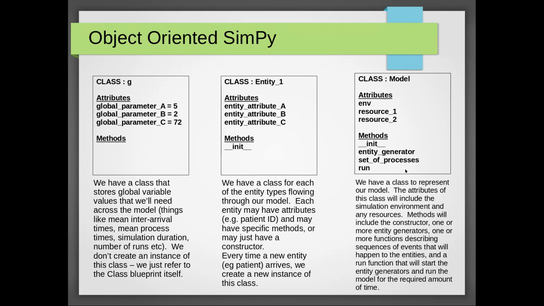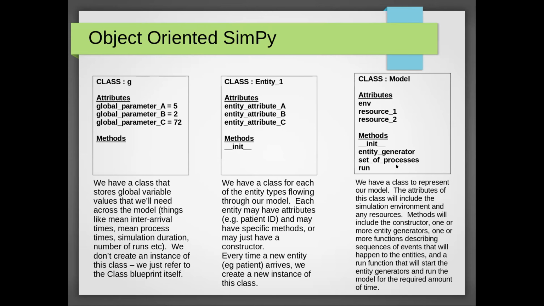And then for your methods, we'll have the constructor, obviously, because we're going to create instances of this. We're going to have one or more entity generators, and as we wrote them before, they will be generator functions. So there'll be generator functions within these methods that will create your new entities, which will now be classes.